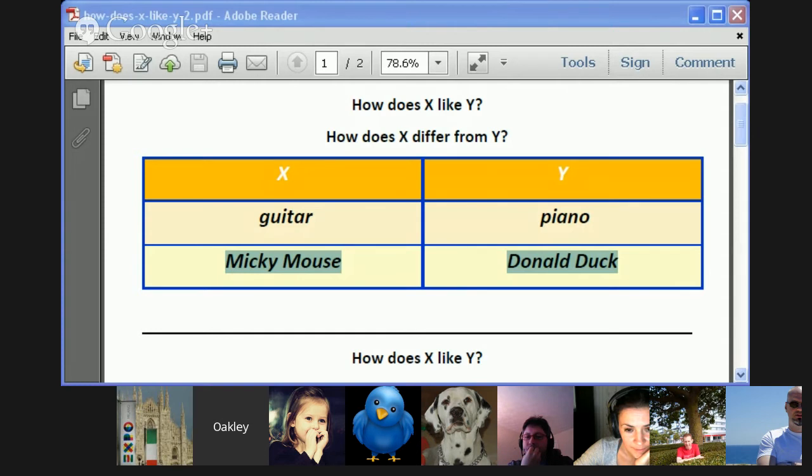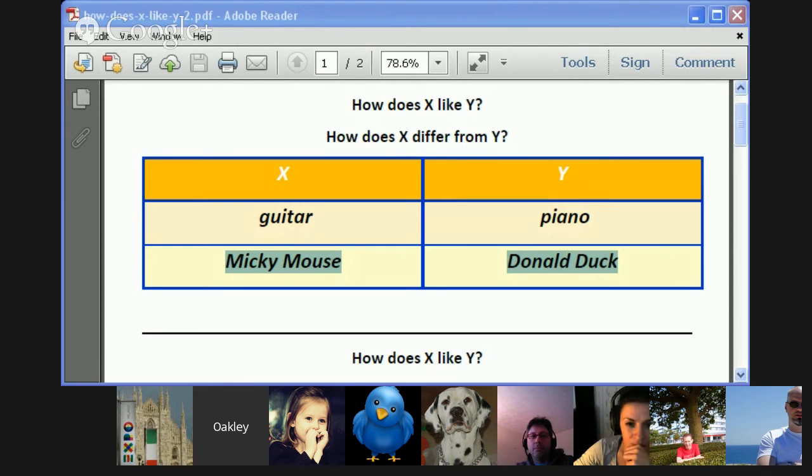Alexander. Okay, how are they the same? How are Mickey Mouse and Donald Duck the same? I think it's the same cartoon actor. They're the same cartoon actor?